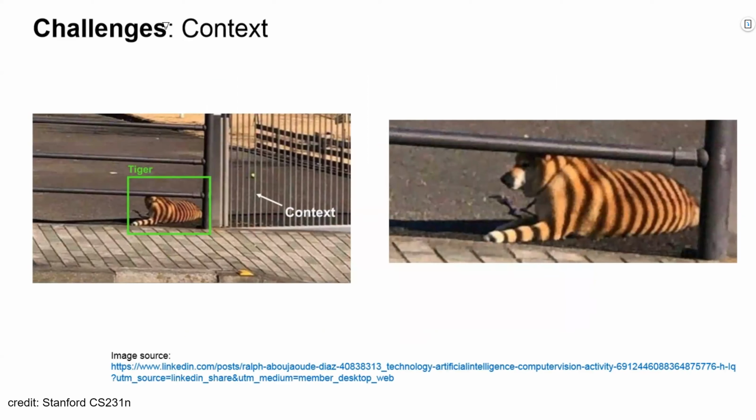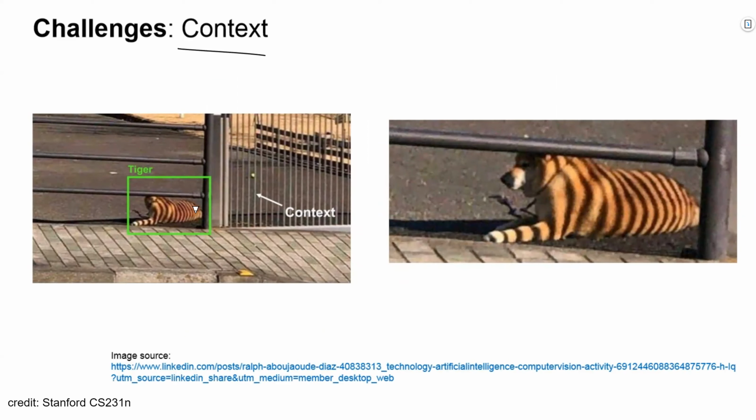And context also matters. In this case, this one somewhat looks like a tiger or something else. Anyway, there are many factors making the image classification task very challenging.